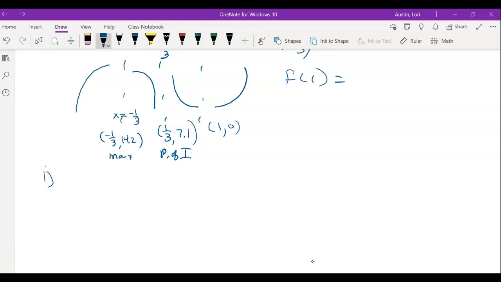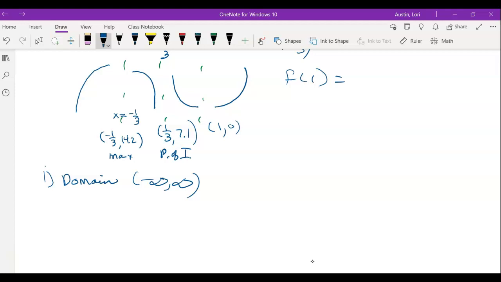Here's what's great about polynomial functions. What is the domain of every polynomial function? Remember what our function is.